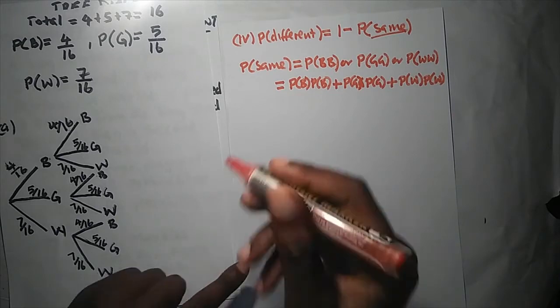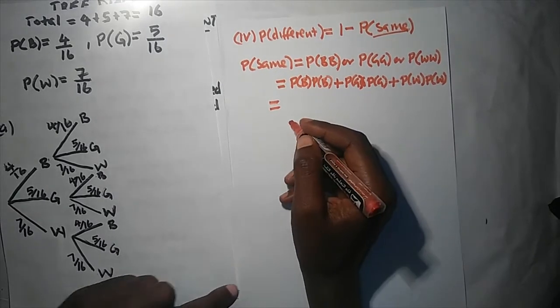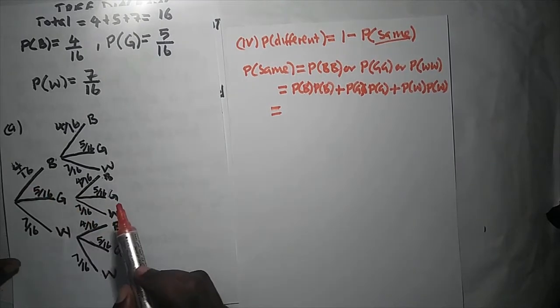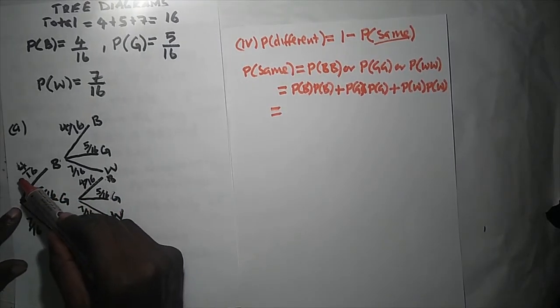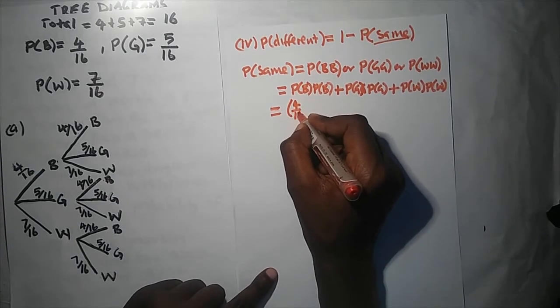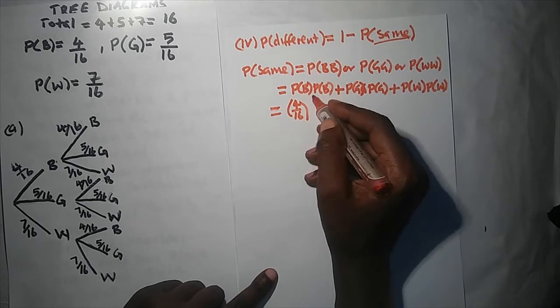So this is what we are going to have, and then we are going to substitute our numbers on the probabilities. When you look on our tree diagram, the probability of picking black is 4 over 16. So here we are going to have 4 over 16, and since this is probability with replacement, the two probabilities for black will be the same.